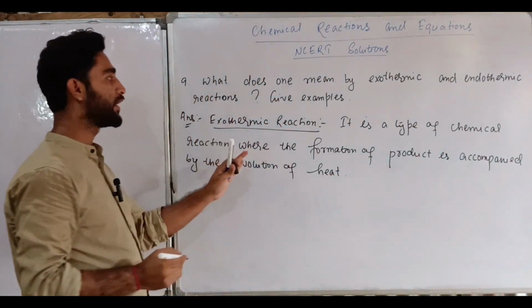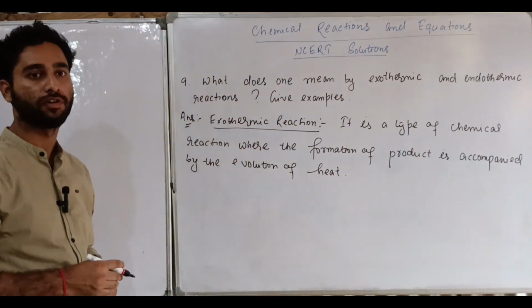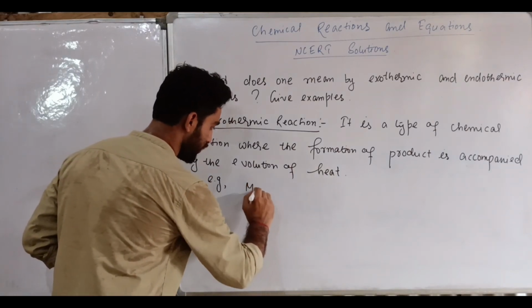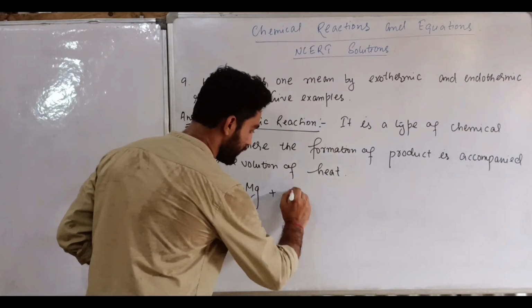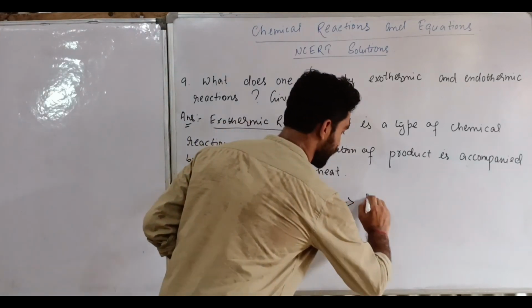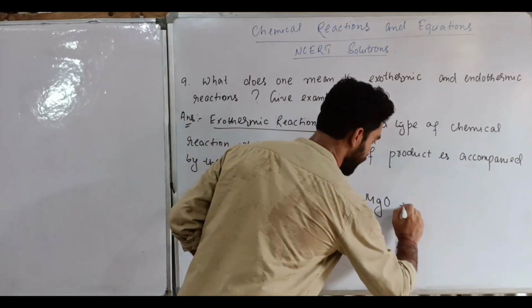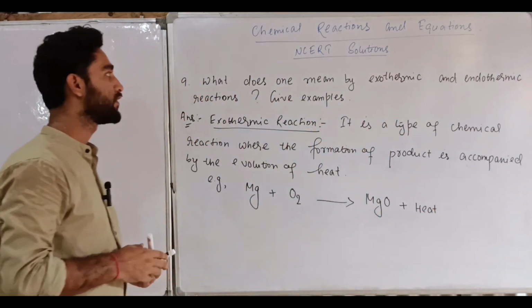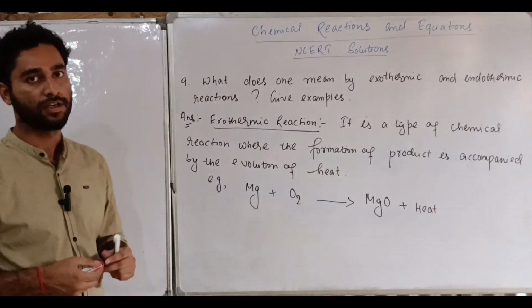So in this type of reaction, the heat will be released along with the formation of the product. For example, magnesium when burns in presence of oxygen, it converts into magnesium oxide and some amount of heat will be released. So it is an example of the exothermic reaction.